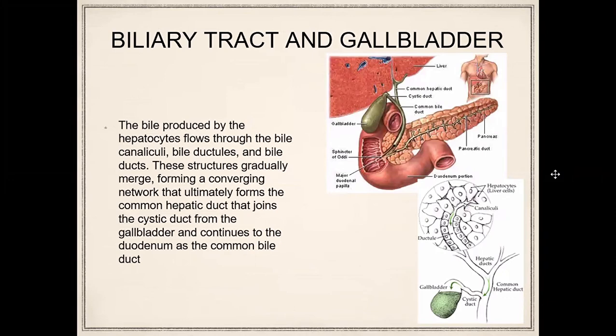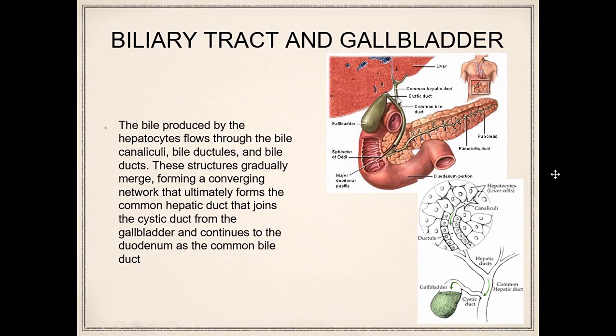These structures gradually merge, forming a converging network that ultimately forms the common hepatic duct that joins the cystic duct from the gallbladder and continues to the duodenum as the common bile duct.